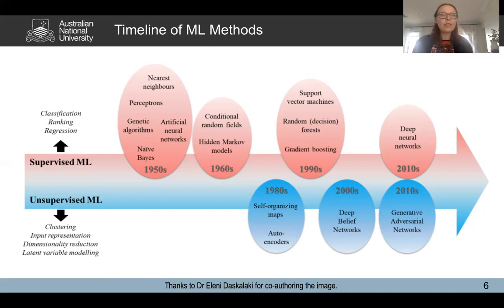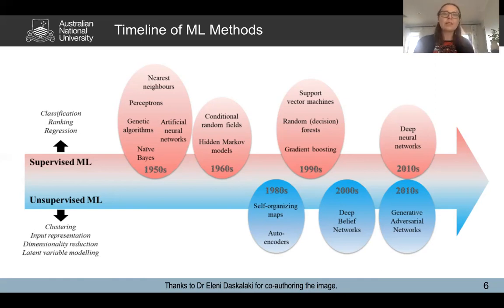Some unsupervised methods that I could mention are the self-organizing maps. I'm originally from Finland and I'm very proud to tell about these self-organizing maps, also known as Kohonen maps after their inventor from Finland. Autoencoders emerged then as well. In 1990s, the work was centered around support vector machines, random decision forests, gradient boosting.